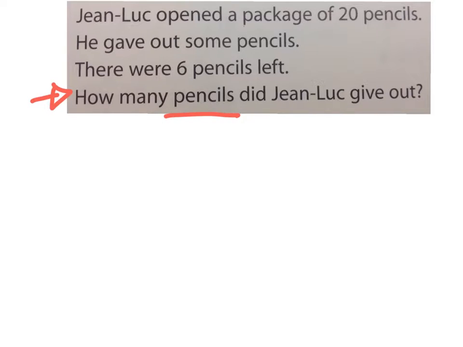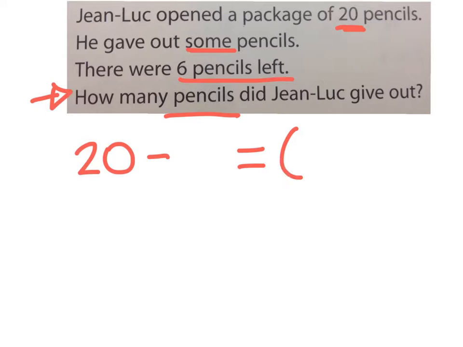Okay. Now we know that he opened a package of 20 pencils, so he started with 20. He gave out some of them, so we subtract some of them, and then he ends up with 6 pencils left. Now in this space here, I'm going to put the letter P. You know why?